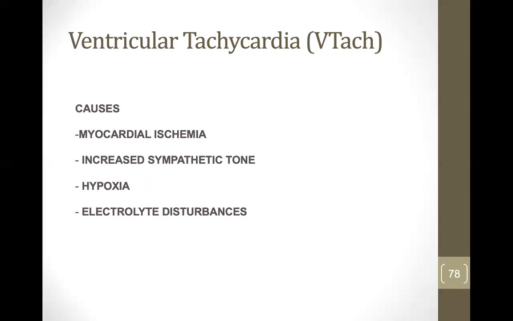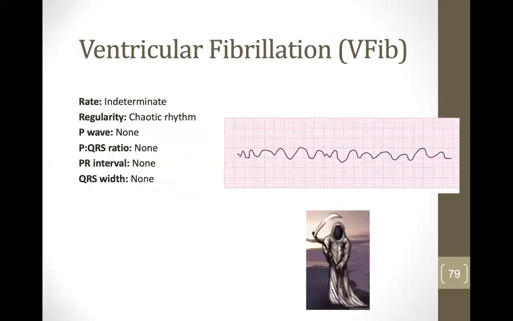Hypoxia is not enough oxygen within the system itself, and then sometimes just having electrolyte disturbances. So remember, all muscle contraction is happening because of ion flow. If those ions are off kilter and aren't ratioed appropriately, we can start to have these disturbances as well with ventricular tachycardia, also known as VTAC.